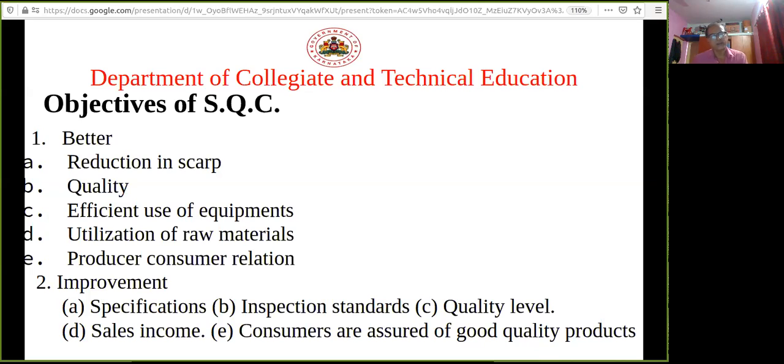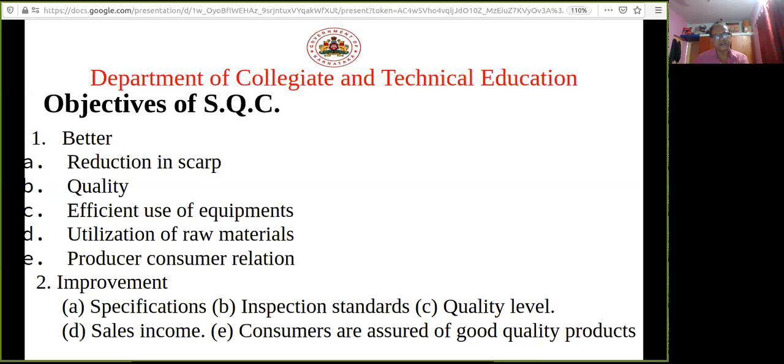Then the third point, C, says efficient use of the equipment. When you use the statistical quality control tools, what is the main objective?